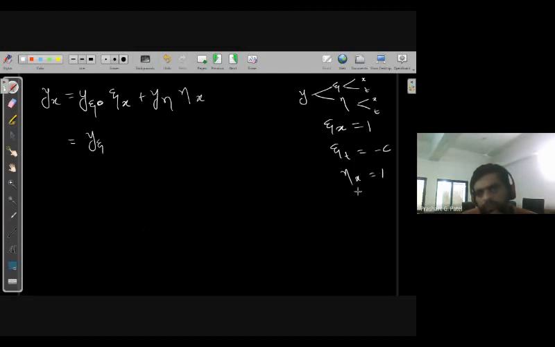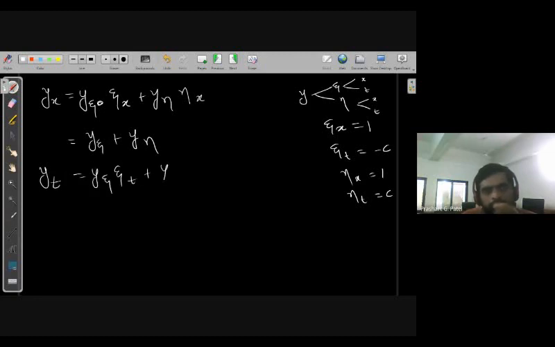Eta x is 1 and eta t is c. So this will be y xi plus y eta, because eta x is also 1. So y t will give me y xi into xi t plus y eta into eta t, which gives me c common out. In bracket, it is minus y xi plus y eta.